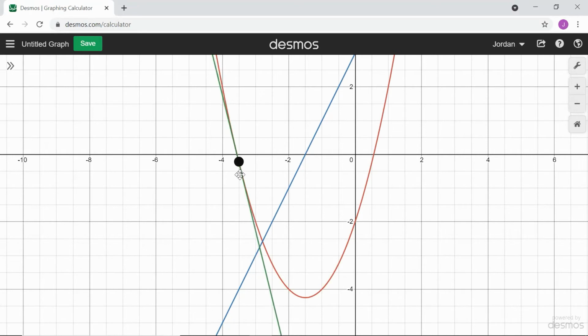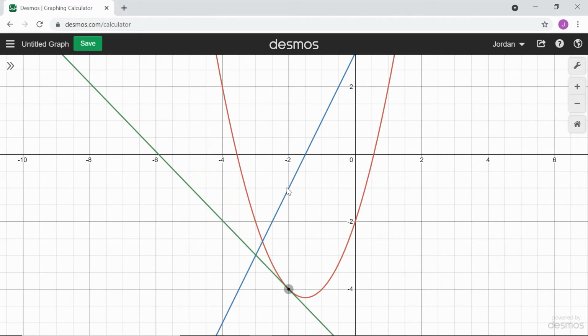So I can click and drag on it. So as you can see, as you get to an x value of -2, the tangent line has negative slope and it's about a -1, right? It's going down at about a -1. And sure enough, the blue line has point -2, -1.